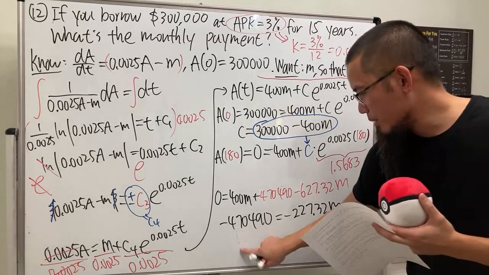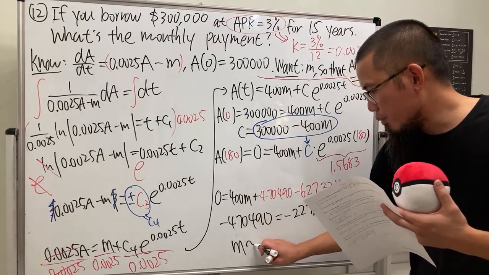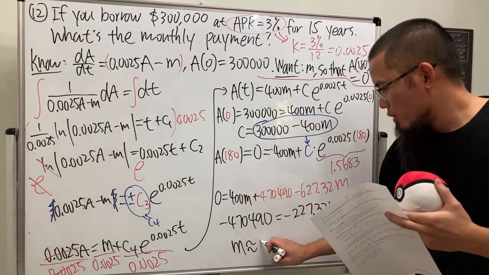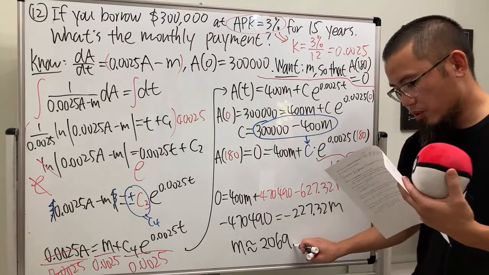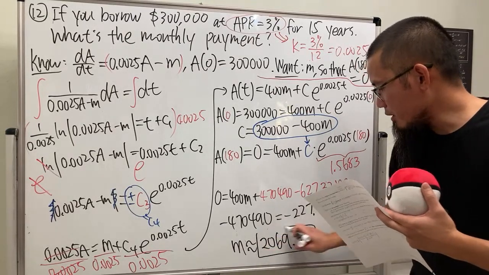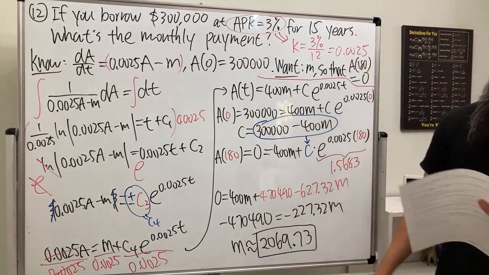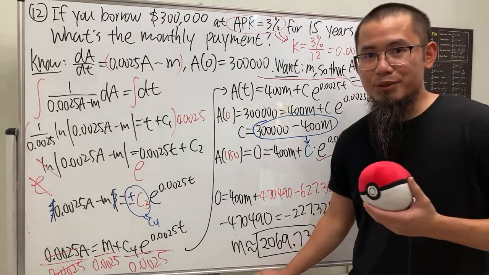So ladies and gentlemen, after you solve this differential equation, m is approximately 2069.73. So this right here is the answer for that.